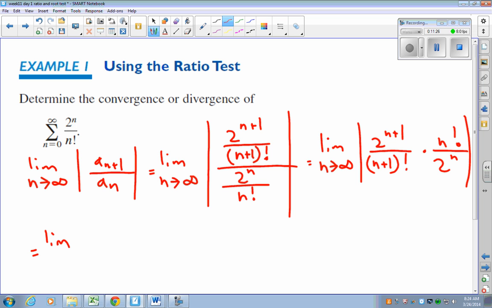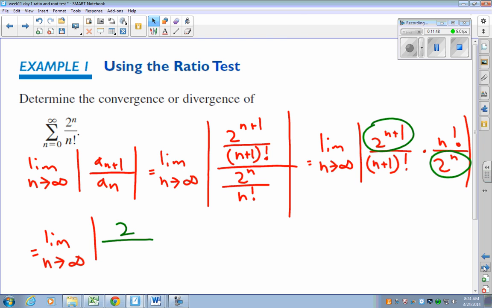So let's see what we got here. I have 2 to the n plus 1 on top and a 2 to the n on bottom. Lots of 2's cancel there. The top guy has one extra 2 to it, so he is a 2 on top.